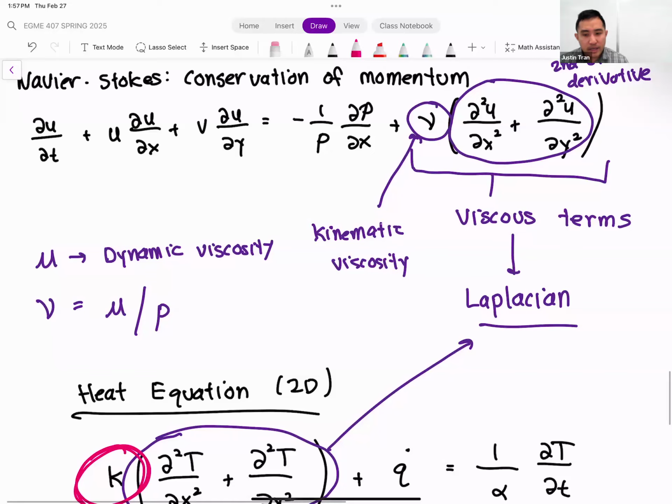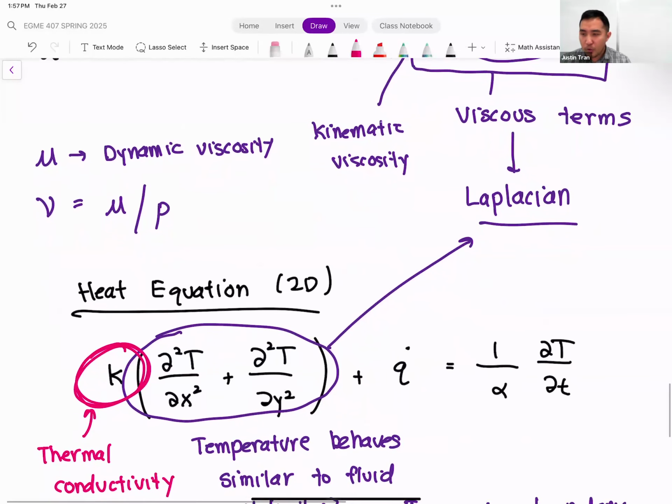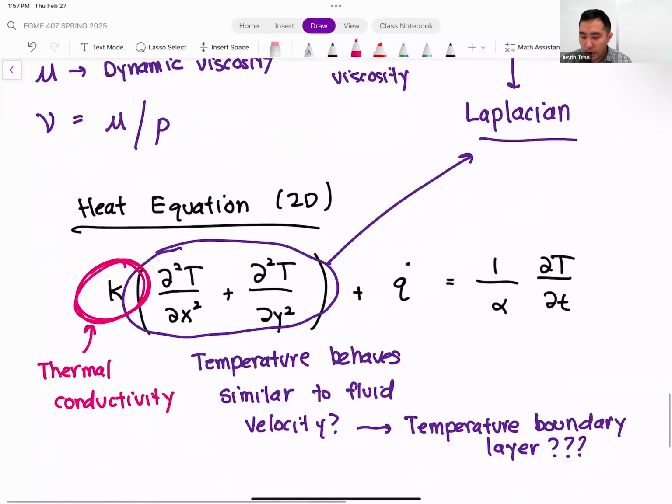So that kind of implies that maybe the thermal conductivity is going to play a similar role in our thermal boundary layer as the viscosity does in the velocity boundary layer, right? There's a lot of comparisons, and that's why thermal fluids oftentimes gets kind of lumped together, because the equations are very similar. Heat transfer, fluid mechanics, they're not close enough to be siblings, but I would say maybe they're cousins that just hang out all the time. So, they're very close and behave very much the same.